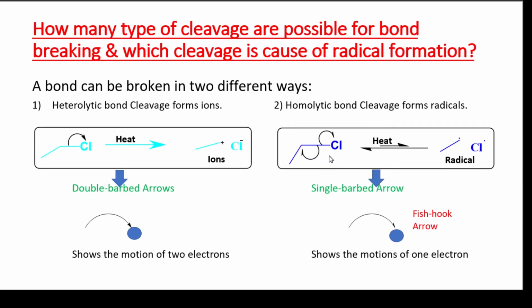So one bond is broken by two single barbed arrows. One electron goes to chlorine, another goes to this ethyl carbon. So ethyl radical and chlorine radical will form. The fish hook arrow shows the motion of one electron. You can see that in one bond, two electrons are there. One electron goes to chlorine, another goes to this ethyl carbon.